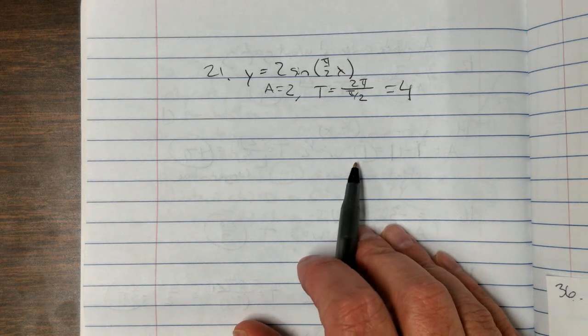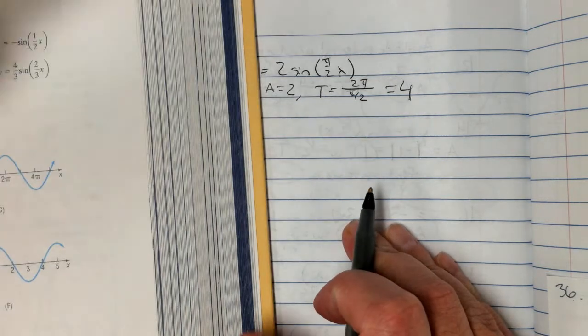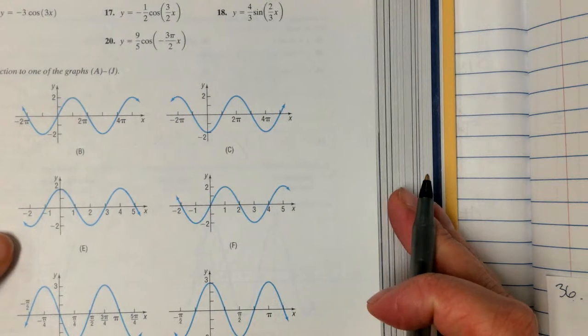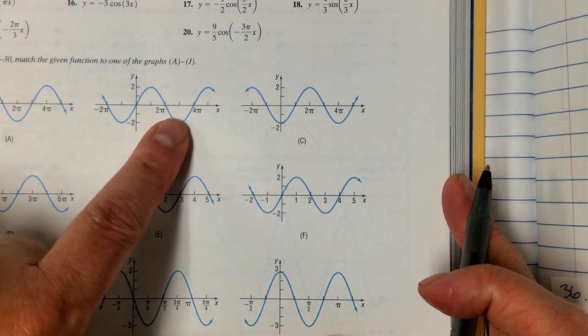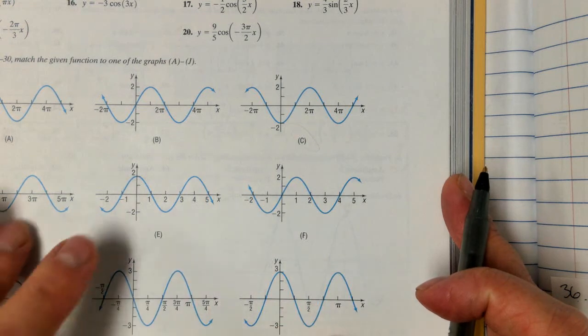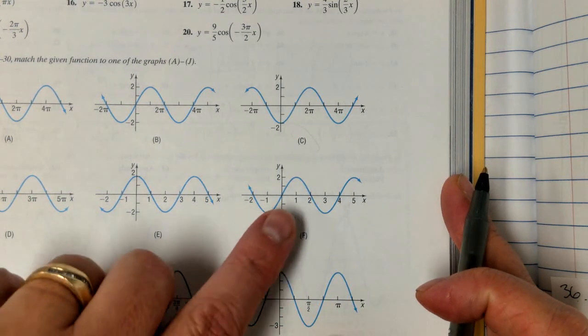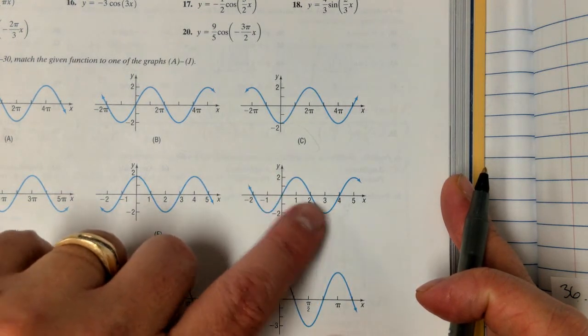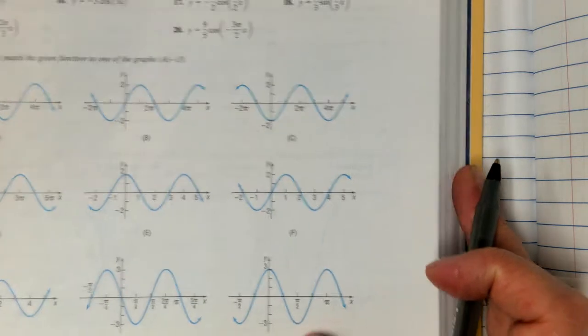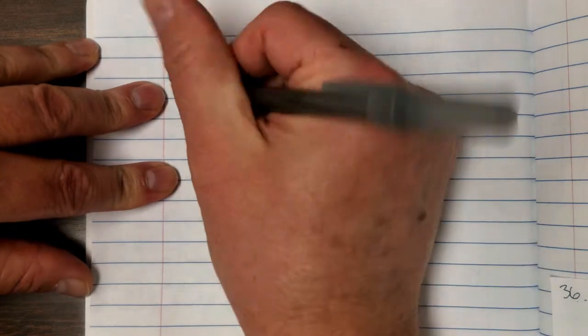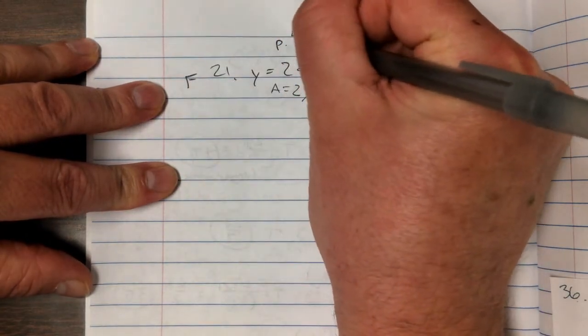So the correct graph for that one, with amplitude 2 and period 4, can't be the one that says 4 pi, so rule out those, rule out these. Amplitude 2, period 4, so from middle to middle, that'll be F. This is on page 409.